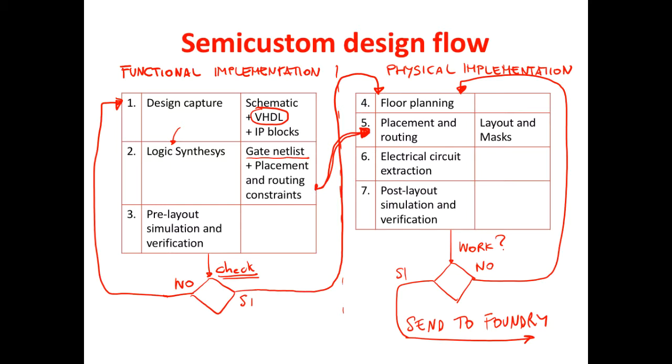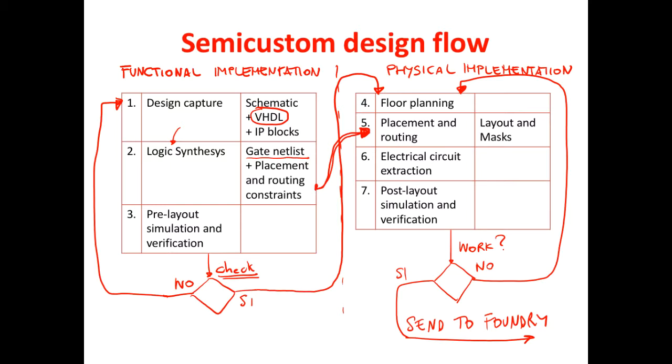So it responds to the same inputs with the same outputs. If the answer is yes, basically you can say that the physical layout is identical to the gate netlist and behaves as the initial design.